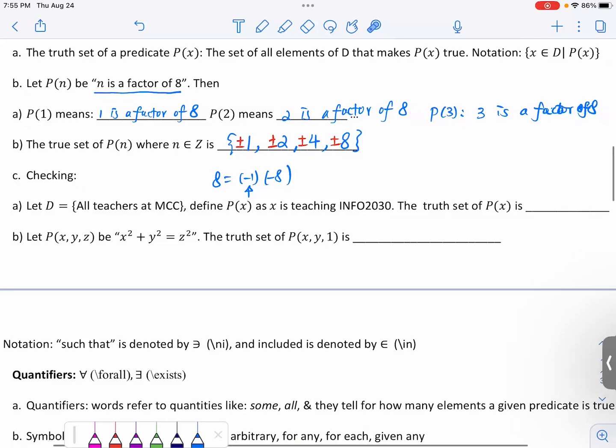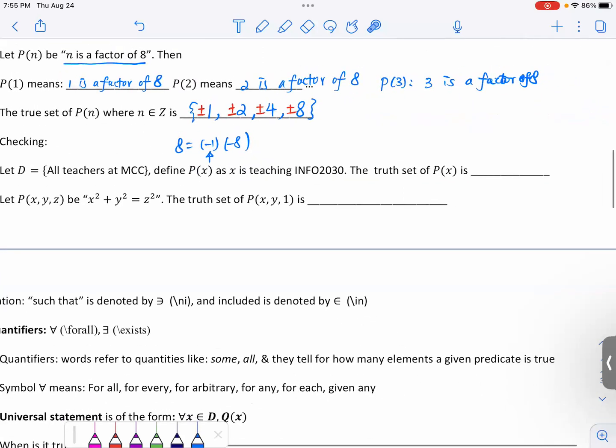Now, suppose I do know that in the current quarter, I am the only one who is teaching INFO 2030. However, a group of four may be teaching this INFO 2030.